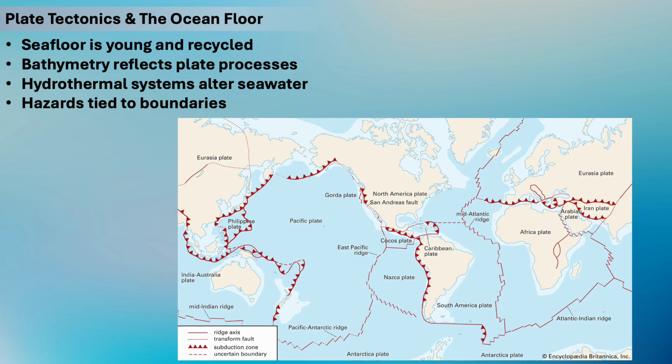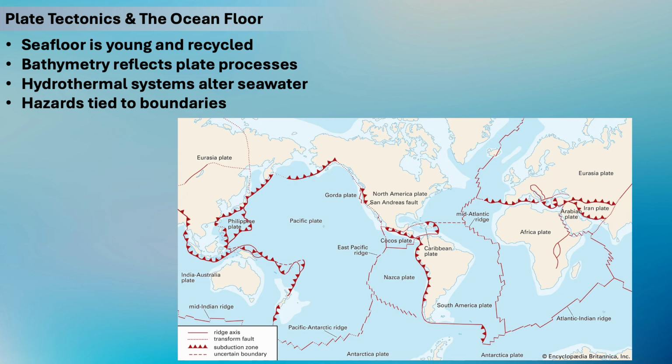Now that we have examined the major plate boundary processes, divergence, transform motion, convergence, hotspots, and rifting, we can step back and consider their combined effect on the ocean basins. Plate tectonics does not simply move pieces of the lithosphere around.